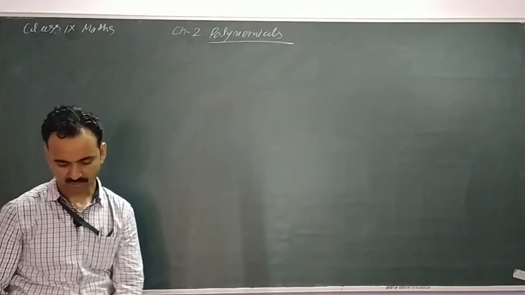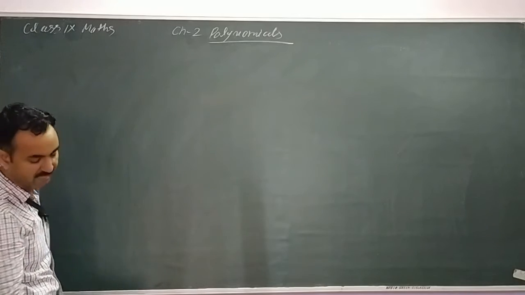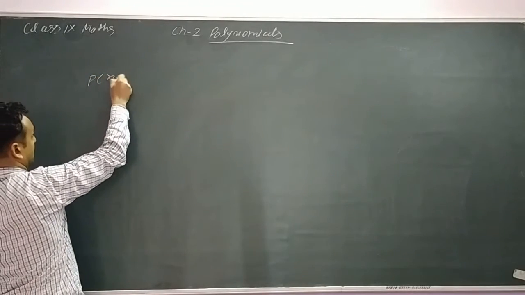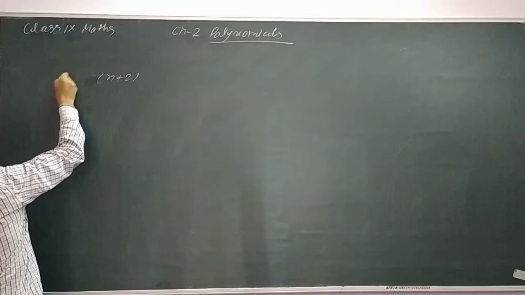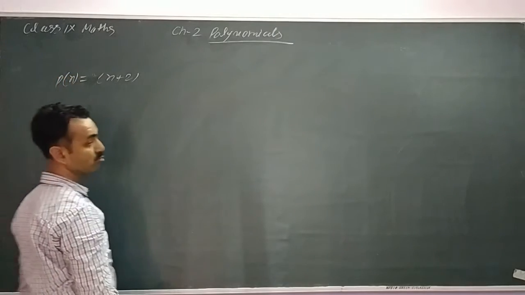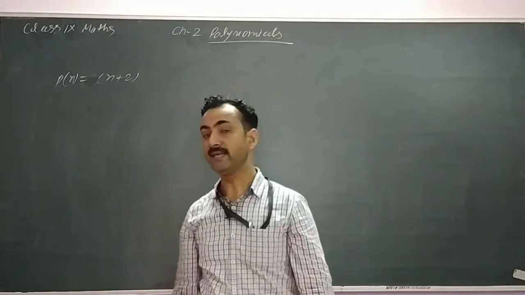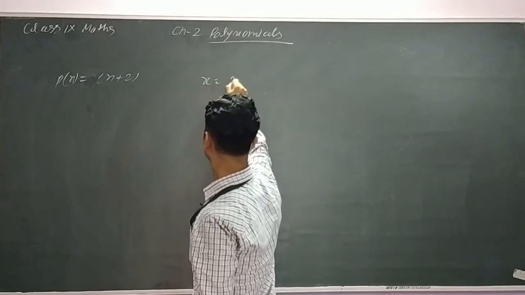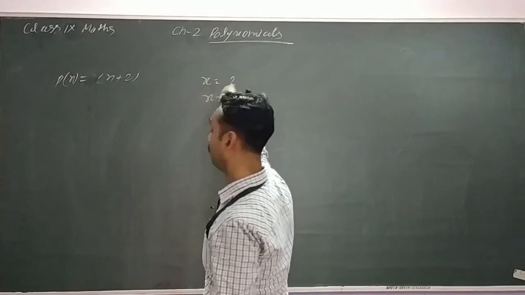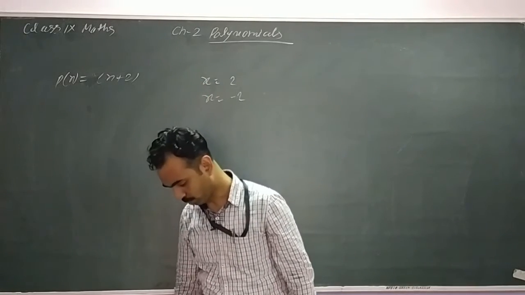Now we have to check whether -2 and 2 are zeros of p(x) = x + 2. So we have to check x = 2 and x = -2. Which is the zero of the given polynomial?